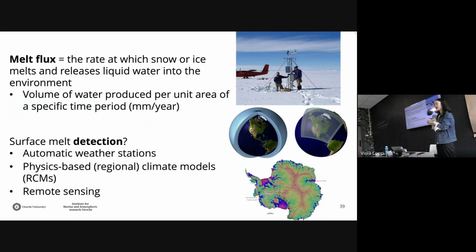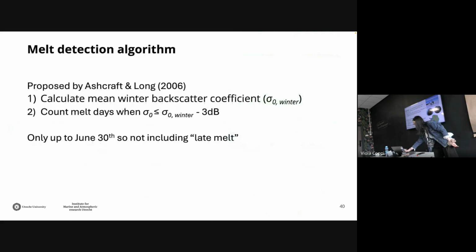Of course, when you have melting, the backscatter will be quite lower. When you have ice or an ice crust, the backscatter will be higher. Again, simplified from the SARs. So we can use this backscatter information to detect where melting occurs from the signals.